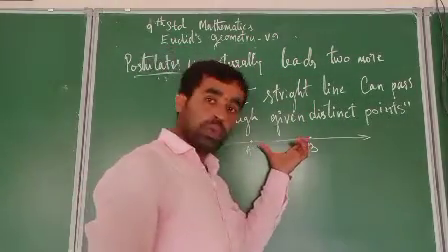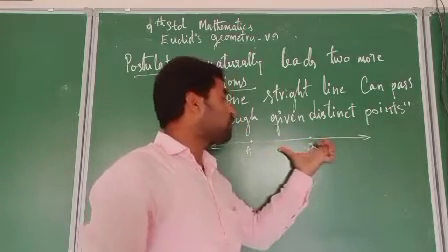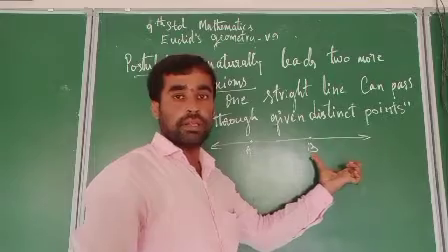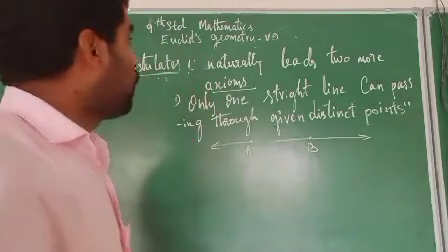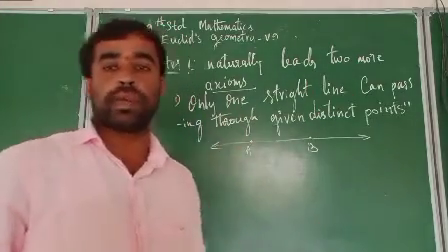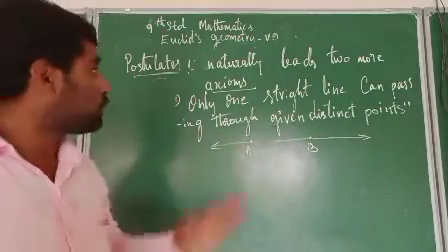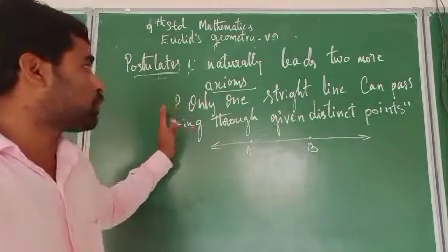If we take the 2 points and draw a straight line, it can easily pass through the points A and B. Is it clear? This is the axiom one based on the postulate one. It is not in our textbook, but we know the concept.